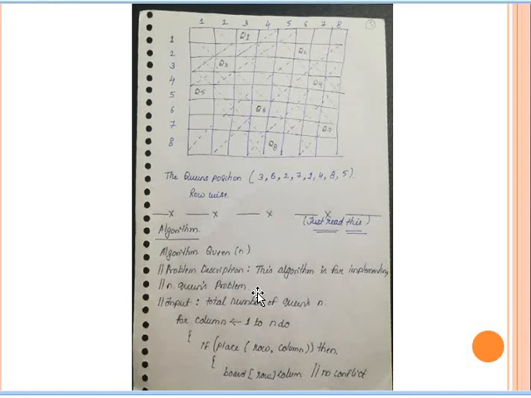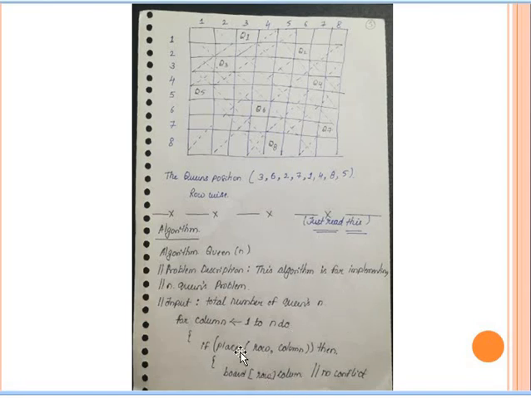This algorithm represents the nth queen problem. Here we give the total number of queens. Suppose we are going for the 4 queens problem, then n is equal to 4. If we are going for 8, then the n value is 8.